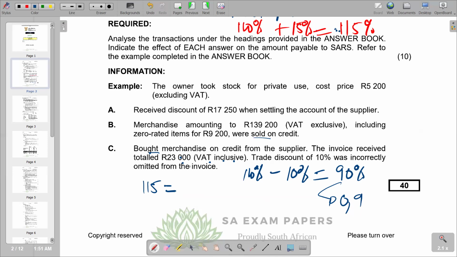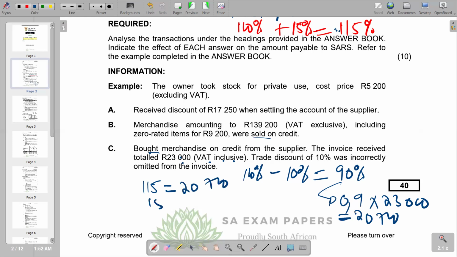So we can start by saying 0.9 times 23,000, and we'll see what you get there. So we are going to get your 20,700. So here you get your 20,700, and this is going to represent your 115% because it's VAT inclusive.